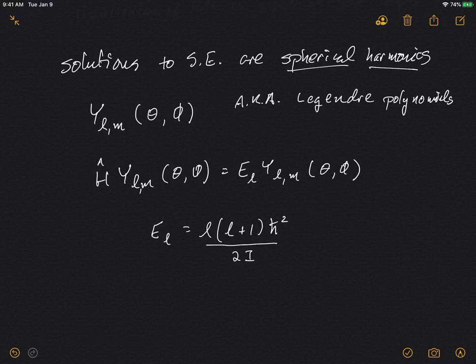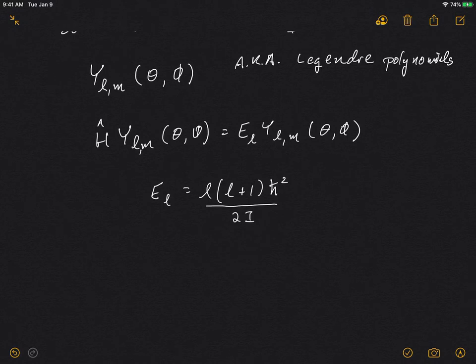So H YLM equals L times L plus 1 times h bar squared over 2I times YLM. So these YLMs are eigenfunctions of the Hamiltonian, and these are the energy eigenvalues.